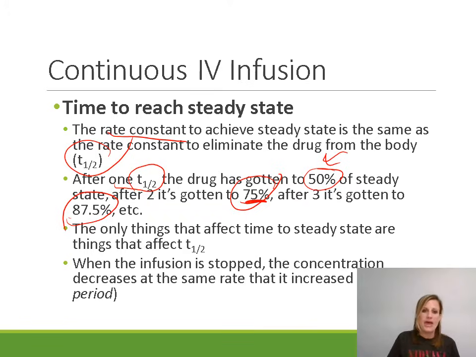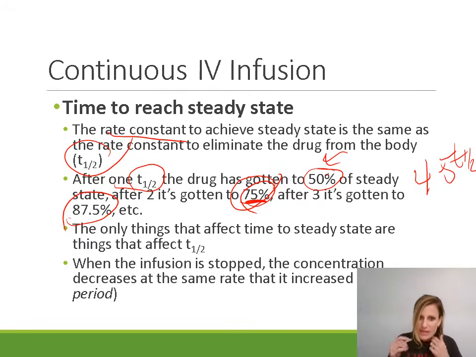Eventually, we get so close to 100% that we'll say, okay, now the drug is at steady state. Again, it's typically about 4 to 5 half-lives. We'll say, okay, now the drug is at steady state concentration, where the rate of infusion is about the same as the rate of elimination.